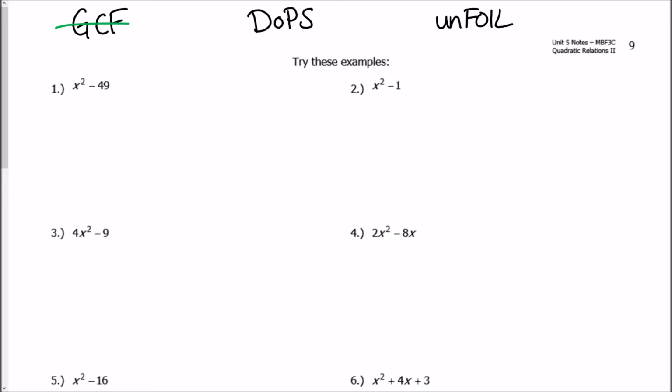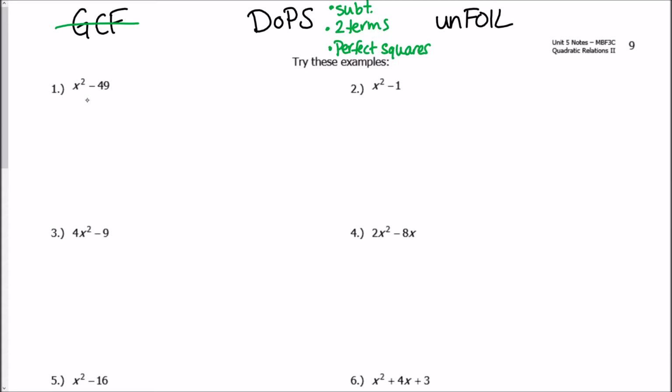Next one is difference of perfect squares. So remember, for difference of perfect squares, it has to be subtraction. It has to have 2 terms, and it has to have perfect squares. In order for these 3 things, in order for us to have a difference of perfect squares, these 3 things have to work out for us.